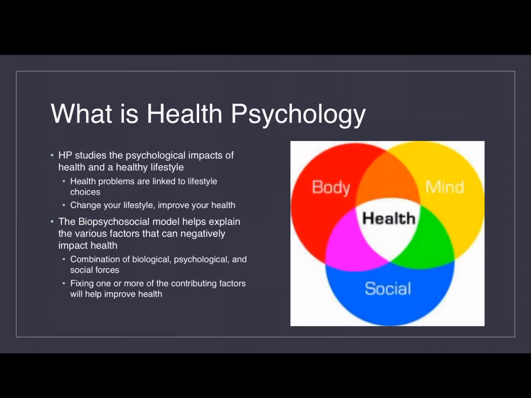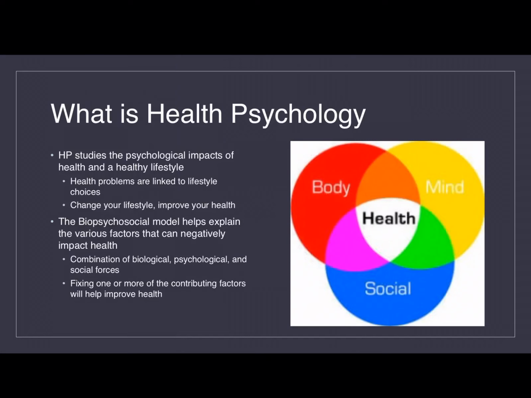And so it says that health problems are a relationship of physical body issues, your psychological cognitive forces, and then environmental social forces like your culture or your social position within society. And so if we can adjust one or more of these contributing factors, well, hopefully we'll be able to improve the health of our patients and help them recover and get better faster.